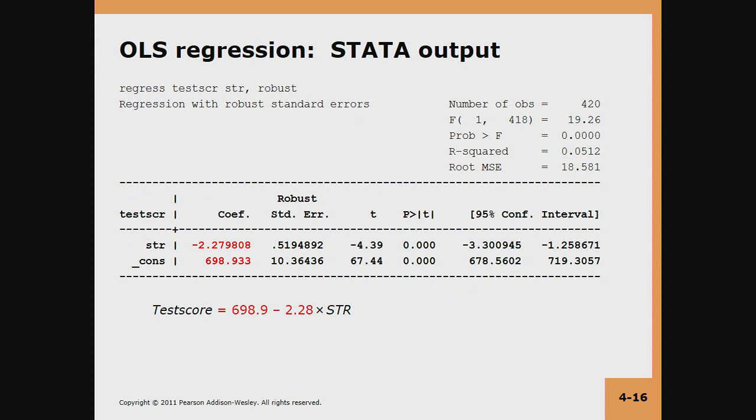So all this down here is what it outputs. Here we have student-teacher ratio. The coefficient is negative 2.279, so negative 2.28 that we found. Here's the constant, 698.93. It gives you the standard error and the t-score, or t-statistic, the p-value, and the 95% confidence interval.